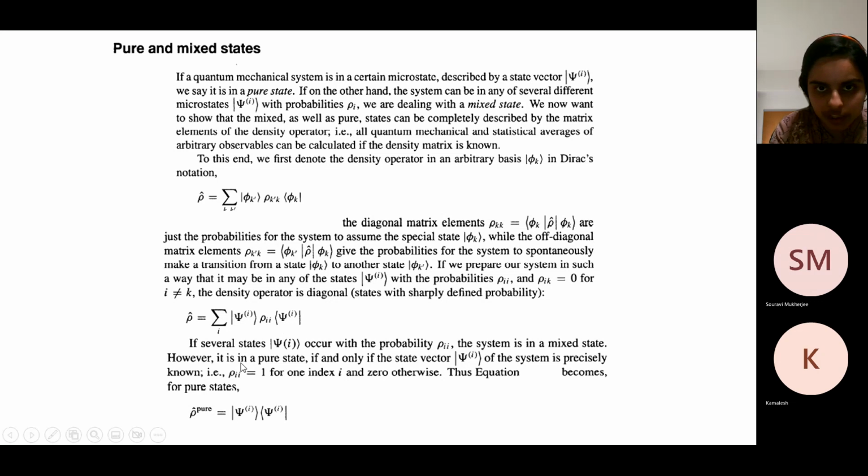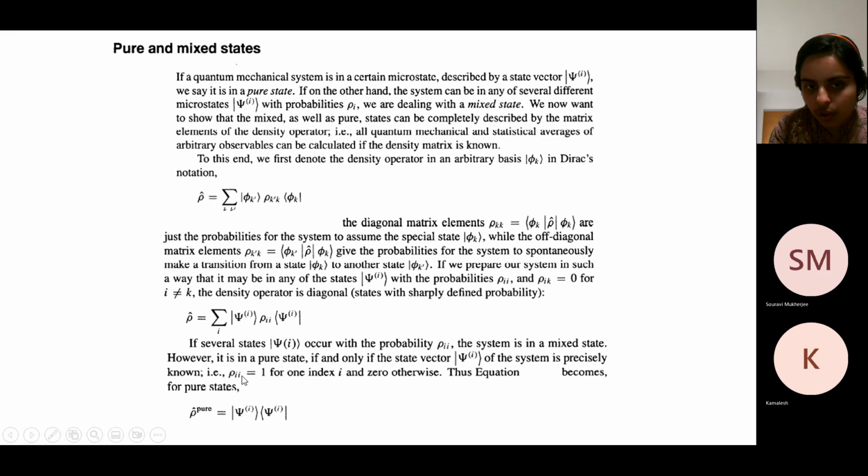And then you get an expression for the density operator like this. So different microstates psi i can come with different probabilities p_i, and then it's a mixed state. But if you are in a pure state, that means you are in one particular psi i, and that is the state vector.